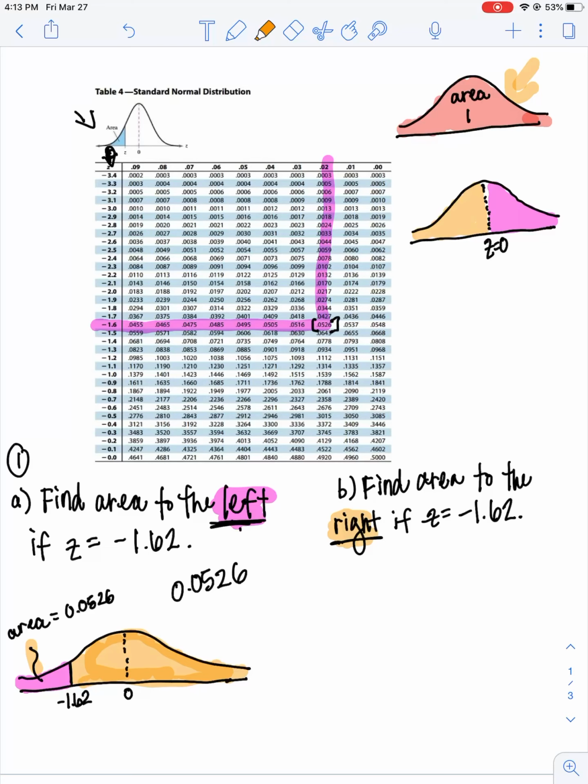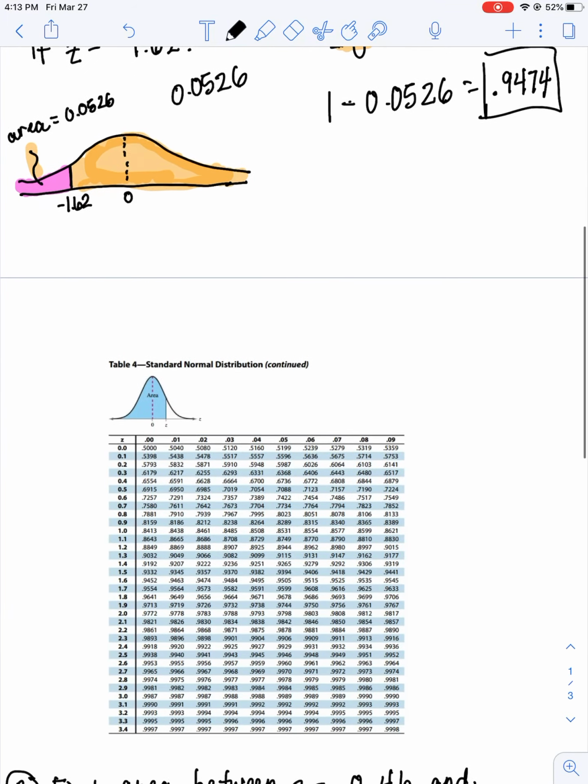So if the entire area equals 1 and the area of this region is 0.0526, to find the area that's in orange that I shaded to the right, I'm just going to take 1 and subtract 0.0526. So I've got 1 minus 0.0526, and I get 0.9474. So this area in the orange region to the right would be 0.9474.